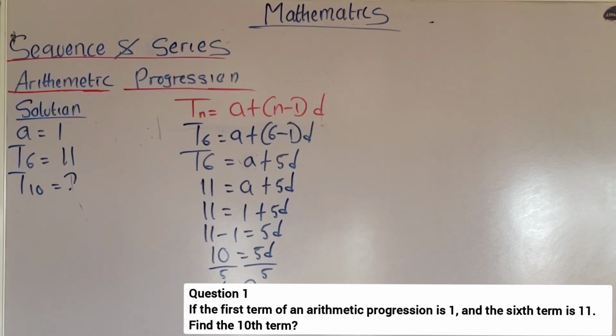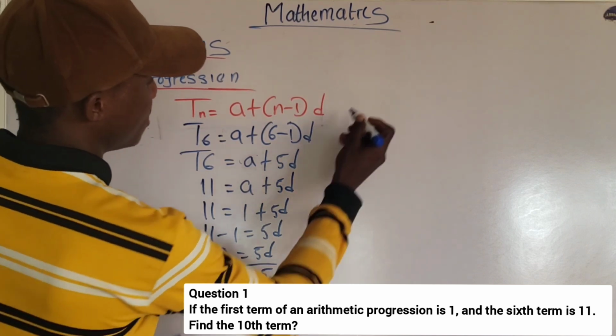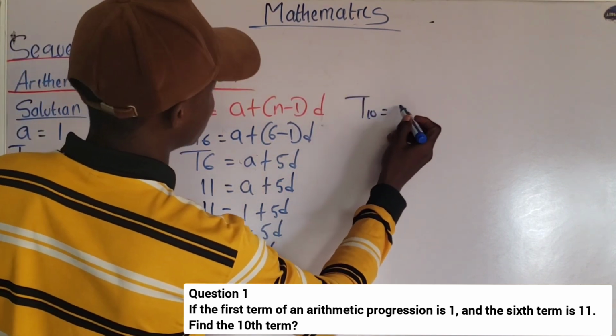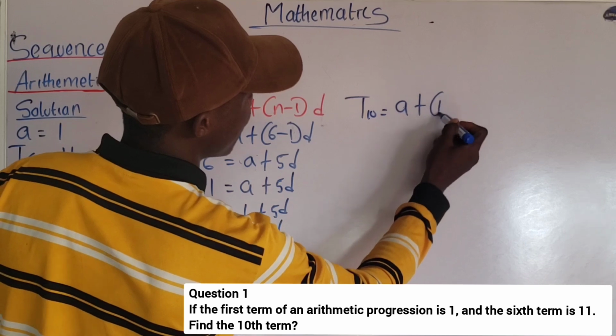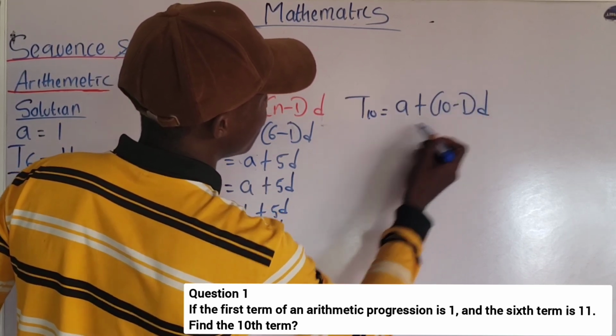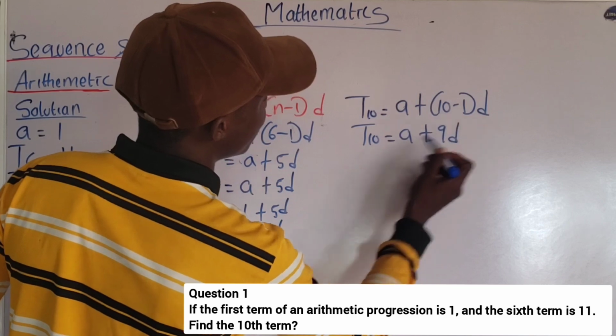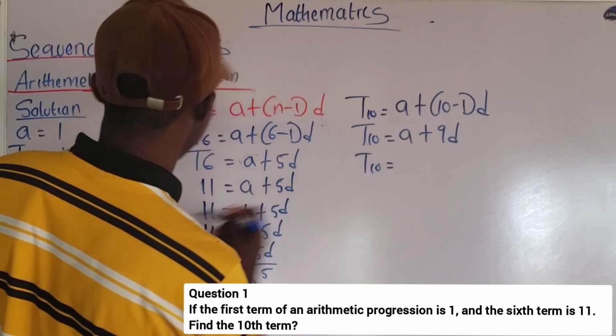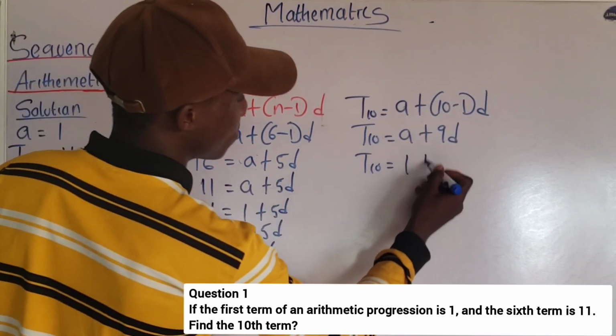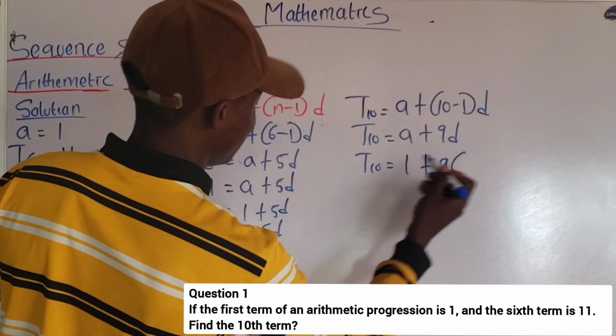The expression for the 10th term will be T10 equals A plus 10 minus 1 multiplied by d. T10 equals A plus 9d. T10 equals, A is 1, so I'm going to have 1 plus 9 multiplied by d. d is 2.